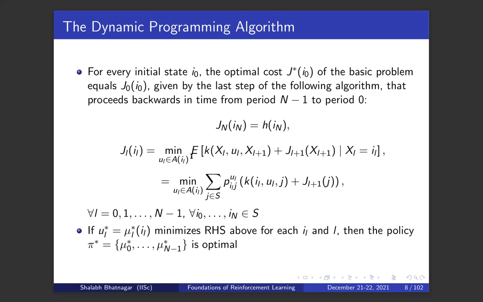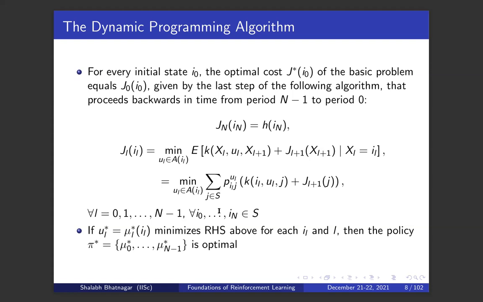So I'll just plug that in. And then you can see that this is essentially just an expansion of what this expectation is. These are what we call transition probabilities: the probability of going from state il to state j when action ul is chosen in state il. That's compactly represented using this notation.